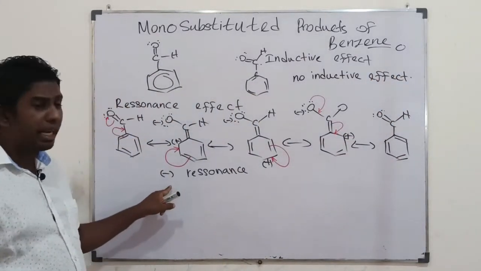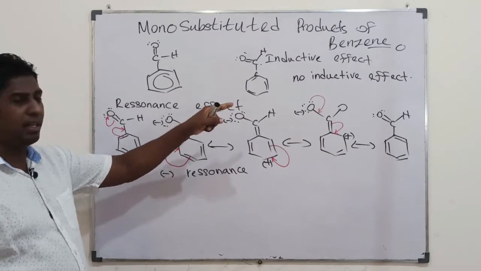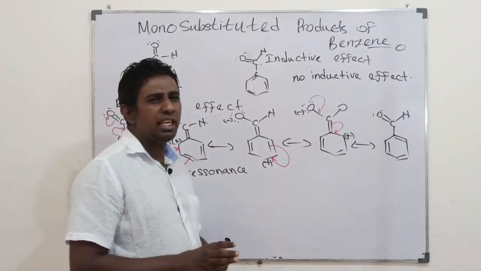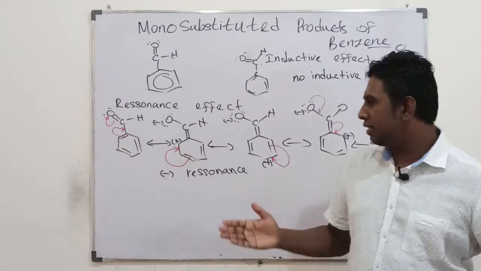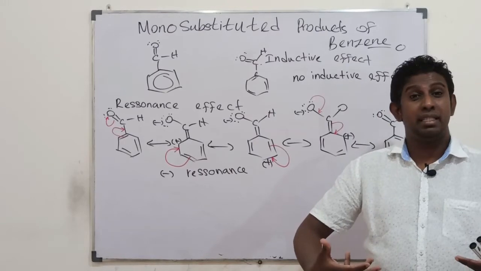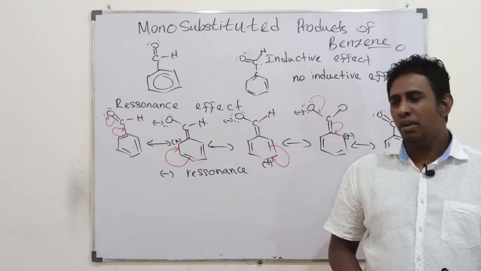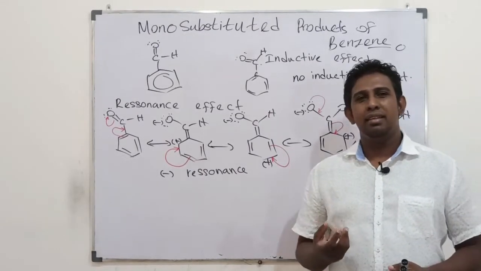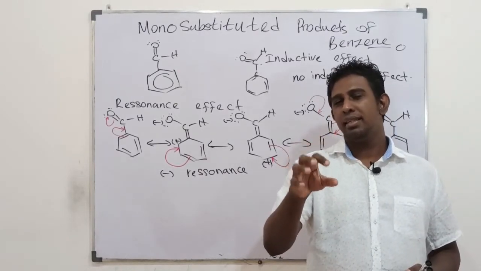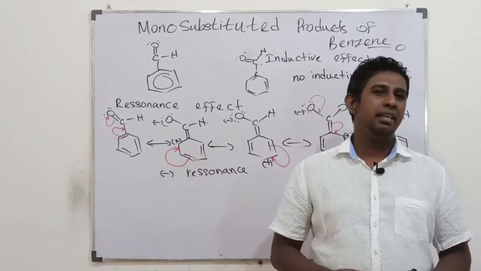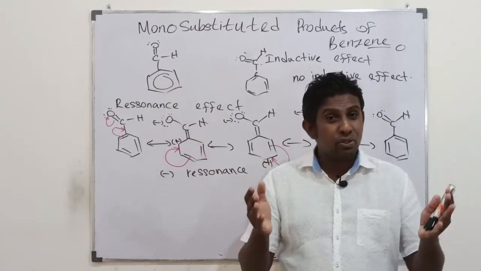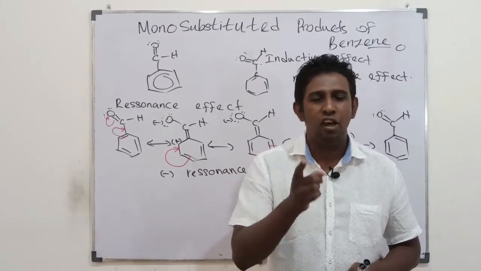Then you have a negative resonance but no significant induction effect. Therefore, students, finally this expresses the total character of benzene. What is the character? Compared to normal benzene, now the electron density is less in benzaldehyde. Therefore, it's a deactivated group. This aldehyde group reduces the electron density on benzene.